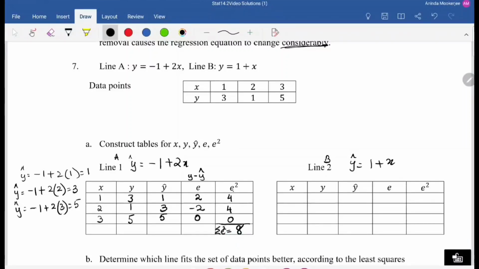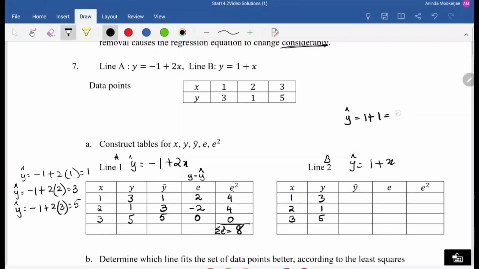Now we have to work through the second table using the second equation. So we get the same values for x and y: 1, 2, 3, the actual data, 3, 1, and 5. But now it's a different equation. So let's do the work here. Y hat equals 1 plus x, which is 1.